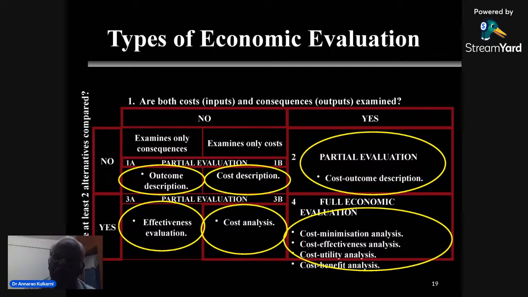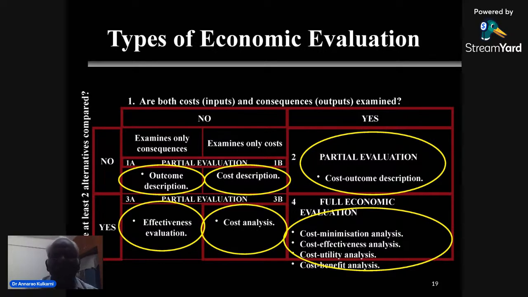So cost minimization analysis, cost effectiveness analysis, cost utility analysis, and cost benefit analysis are examples of full economic evaluation. If one of the two is not satisfied, that means only costs are considered, or only consequences are considered, or only one alternative is examined, then they're all called partial economic evaluation.